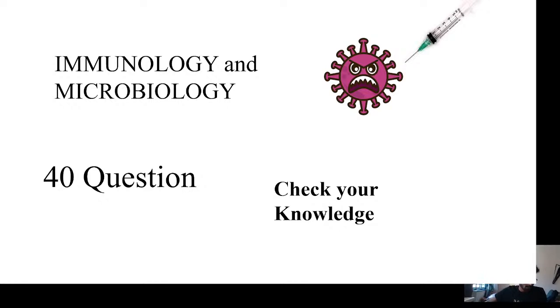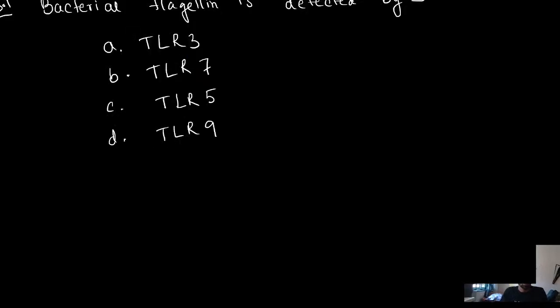Hello, Tanushree. So, guys, I think we should start. Our first question is: bacterial flagellin is detected by TLR3, TLR7, TLR5, TLR9. We all know bacterial flagellin.